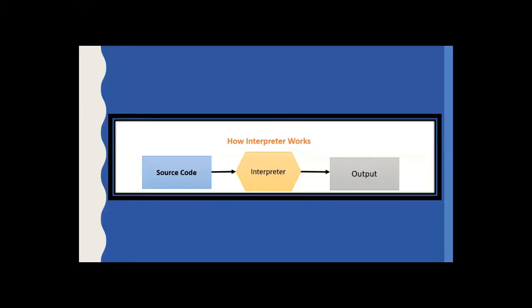So this is the process of how an interpreter works in our computer system. The interpreter works basically in three steps. The first one is source code. First we write the source code, then the interpreter reads only one statement of source code and gives you the output.